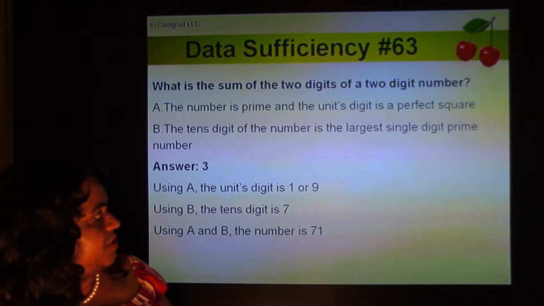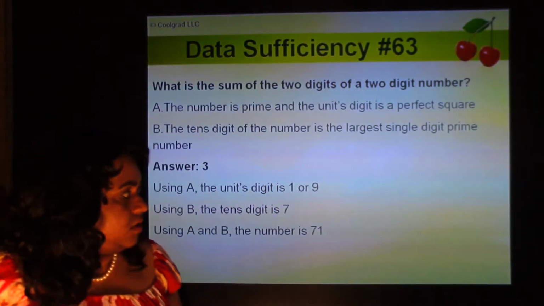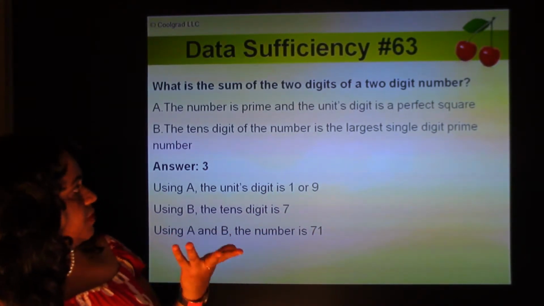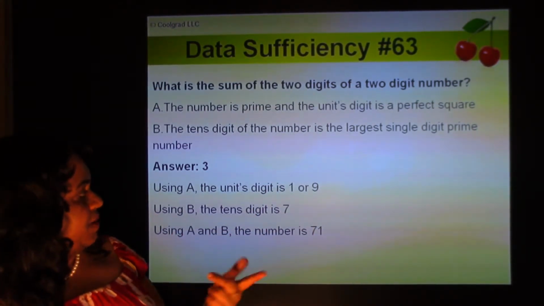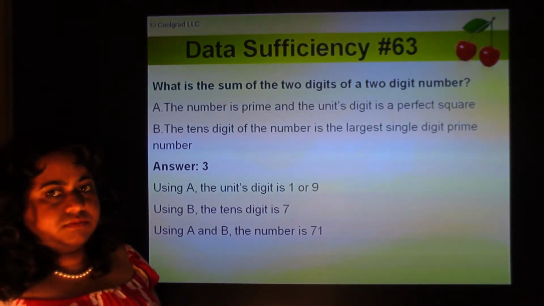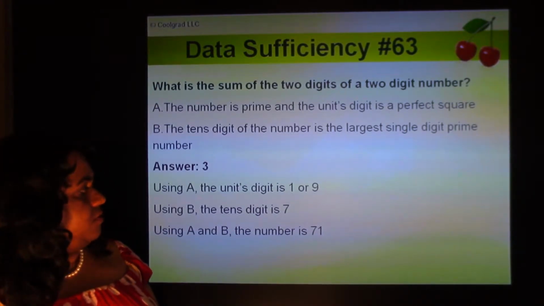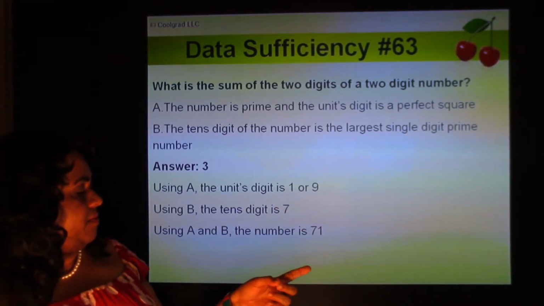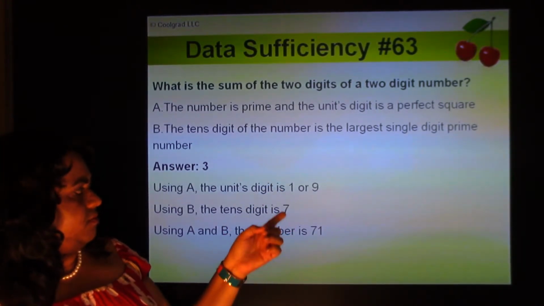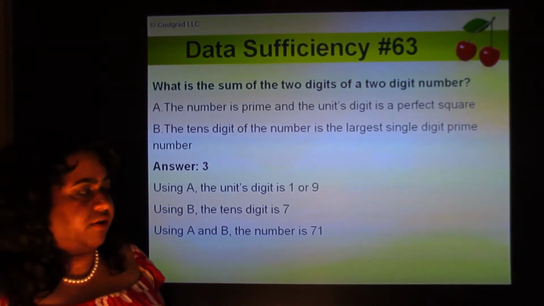How many prime numbers end in 1 or 9? There could be many, right? For example, 29 is a prime number, and 31 or 11 are also prime numbers. So it could be any of those numbers. So clearly A alone is not enough.